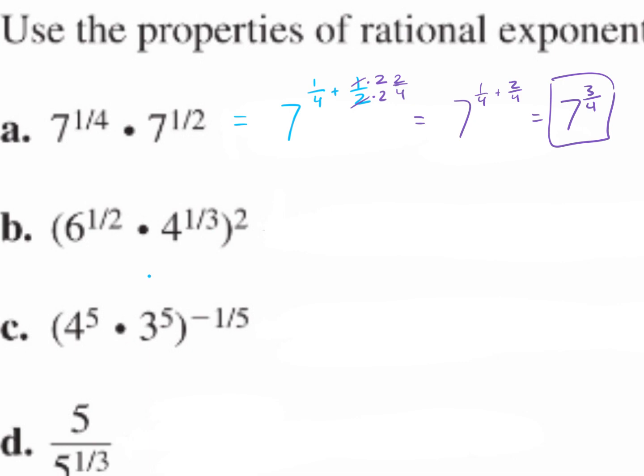For the next one, can I combine these together? No, because they have different bases. But what can I do? I can distribute the 2. So I'm distributing the 2 to both of these exponents. What do I do when I have a power raised to a power now? Multiply.